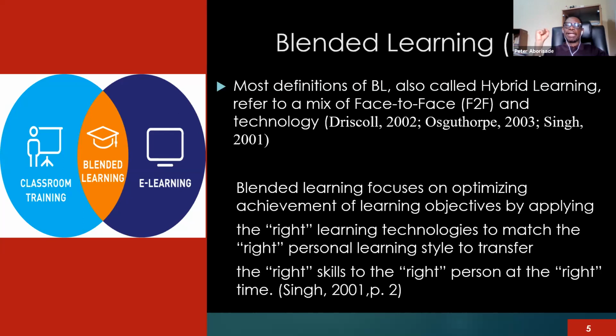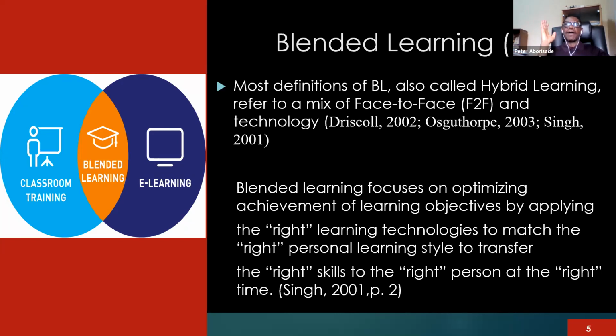So, blended learning focuses on optimizing achievement of learning objectives by applying the right learning technologies to match the right personal learning style, to transfer the right skills to the right person at the right time. That's the definition given by Singh, 2001, on page 2.